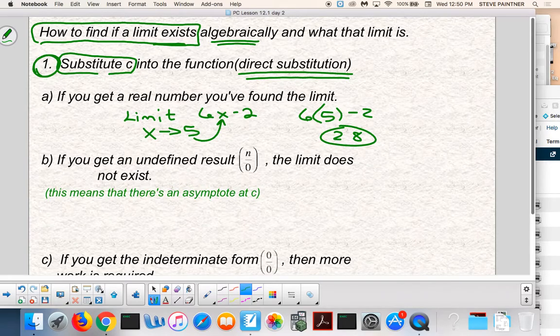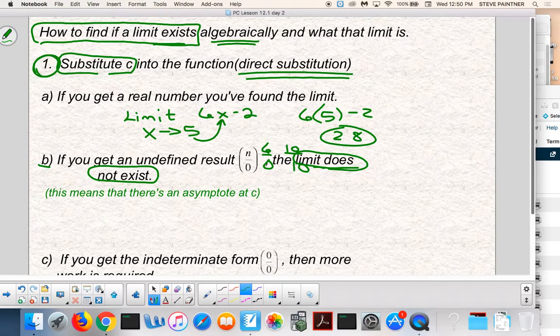Okay. B, if you get an undefined result, so if you plug this number in and you get any number over 0, so 6 over 0, 10 over 0, what does that mean? The limit does not exist. Why?